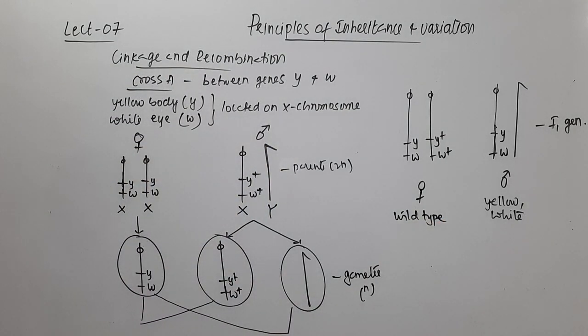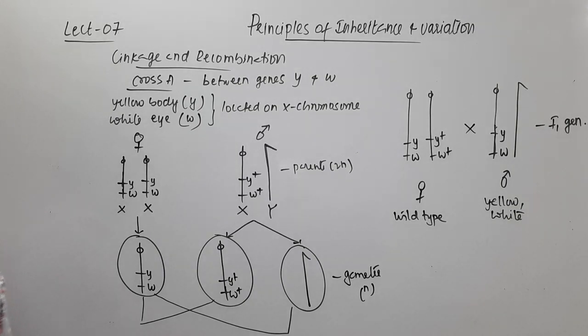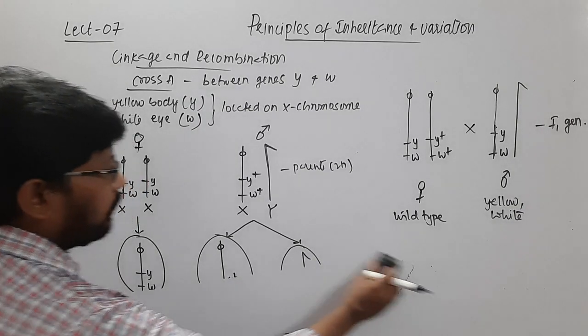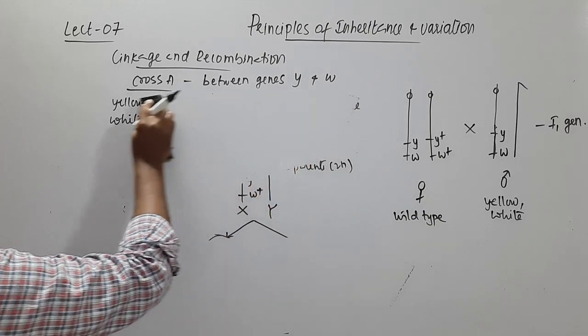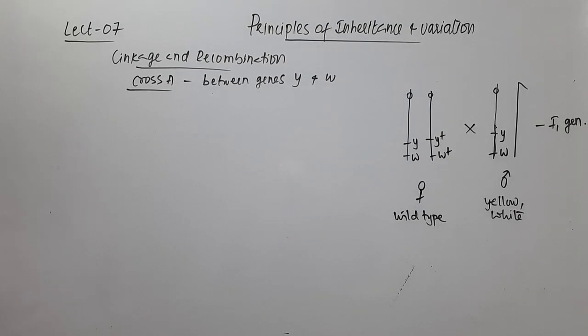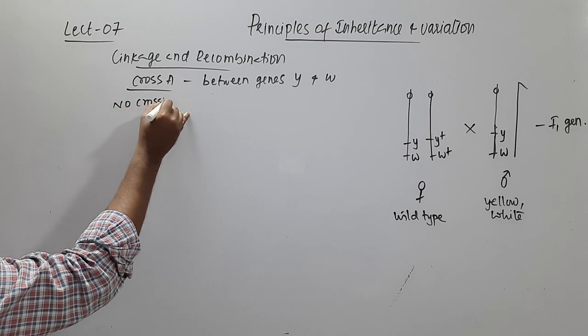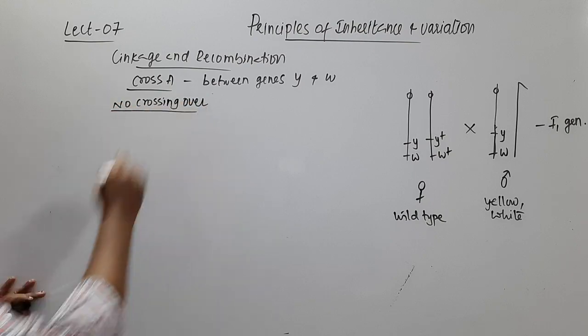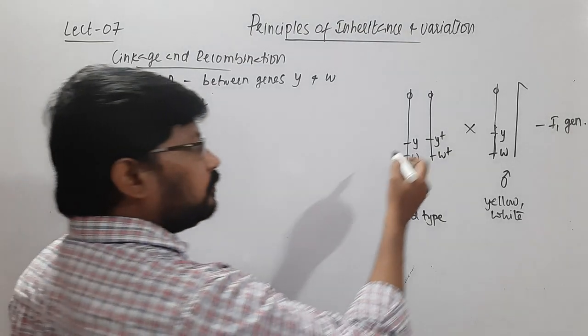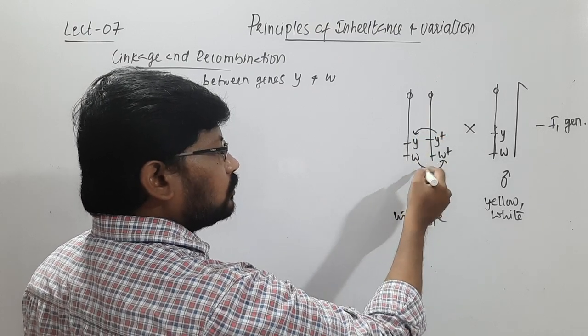Now we know that we need to intercross the F1 generation, just like how Mendel performed. So now intercrossing the F1 generation. First we'll see when there is no crossing over. Crossing over means this one comes over here and this one goes over here.